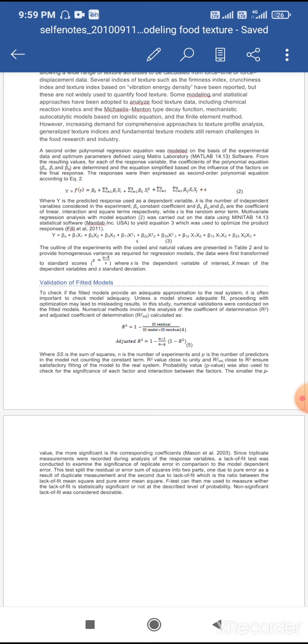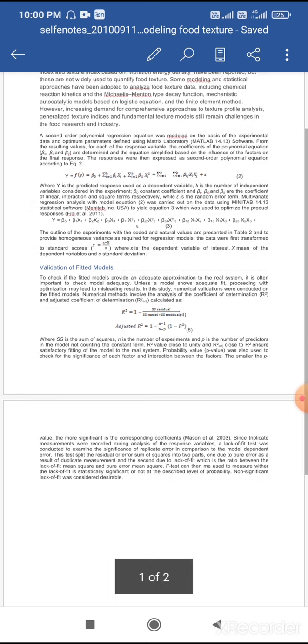The outline of the experiment with the coded and natural values is represented in the table.